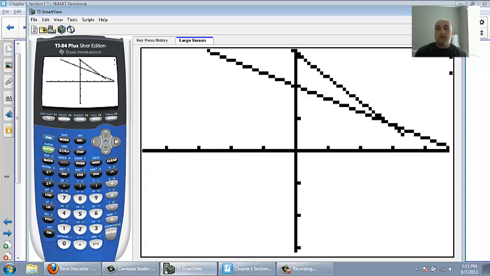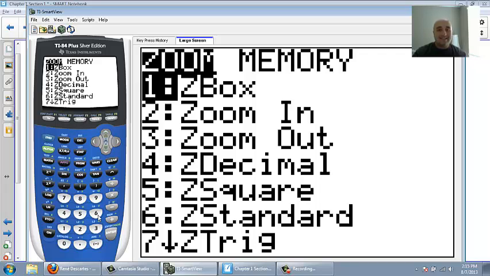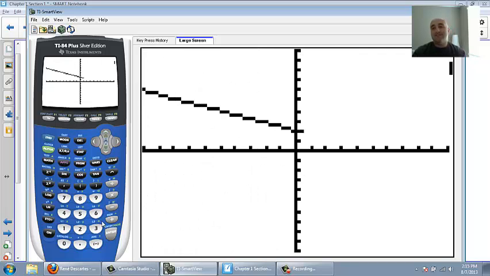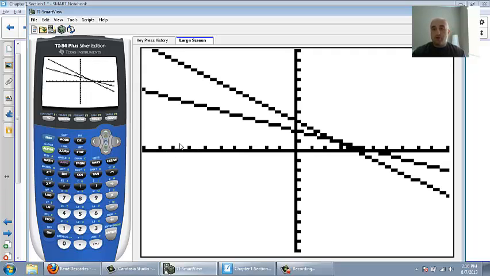I'm going to change my settings and go to zoom 6, which will take you to the standard screen, 10 up, 10 down, 10 right, and 10 left. What you notice is that we do indeed have two lines and they have crossed. It's hard to tell just by looking exactly what point they cross, so we're going to let the calculator do the work for us.